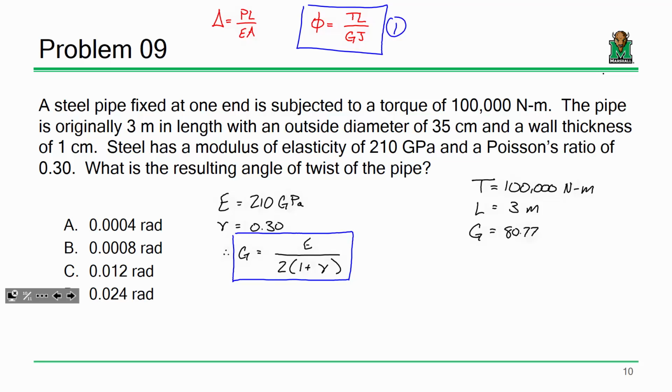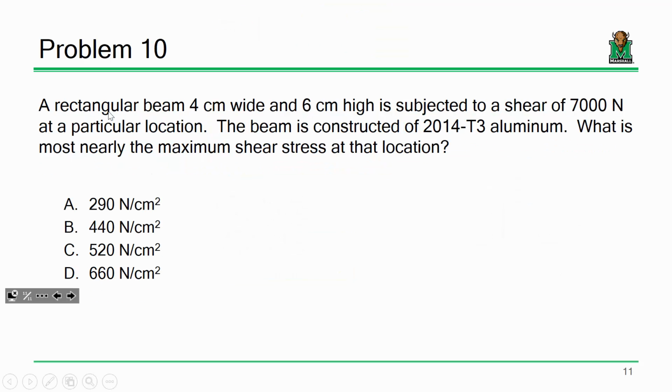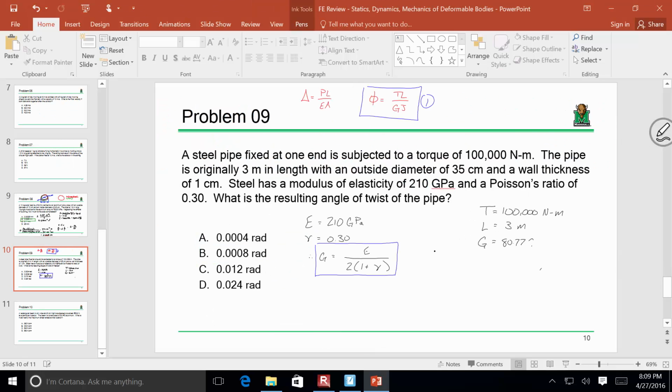That's 80.77. What is going on with my pen? It's cutting out on me. Okay, it's out of ink. No, I'm not kidding. I'm getting a little ticked off.